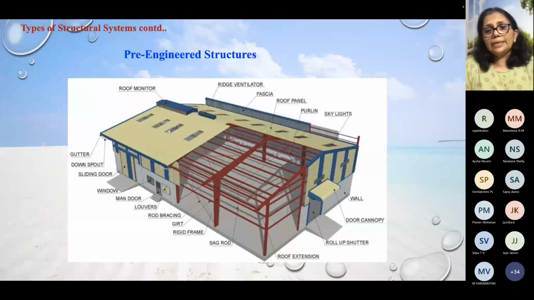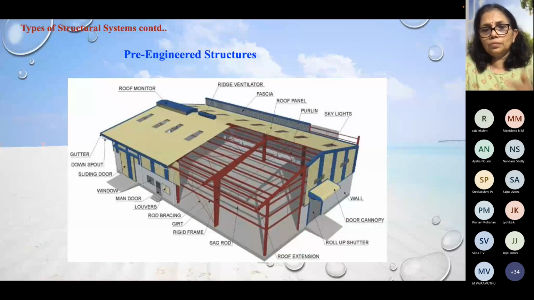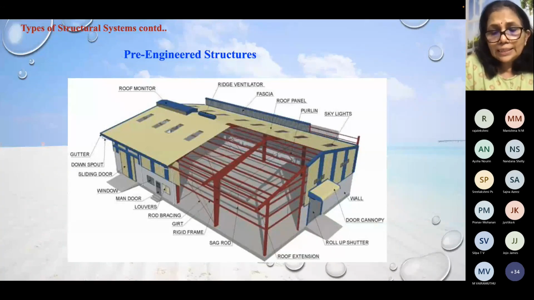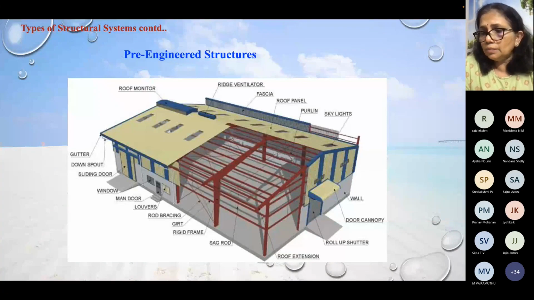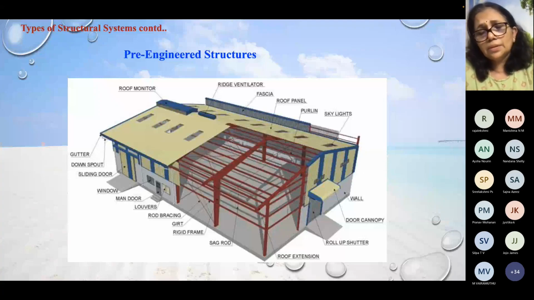Pre-engineered means you fabricate it in the shop and then you transport it to the site and you just assemble it to make the structure. I have seen it happening in India, and when I was in Sydney also, I've seen they are using many types of material. Can you name some of the materials used in these pre-engineered structures?